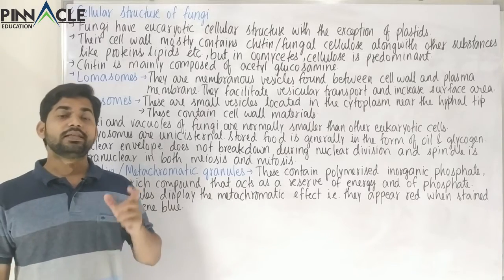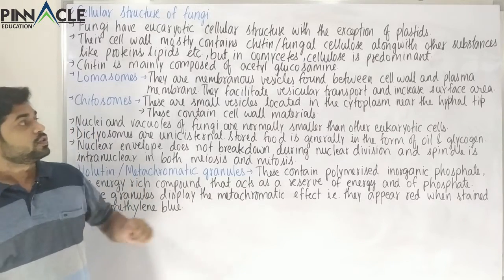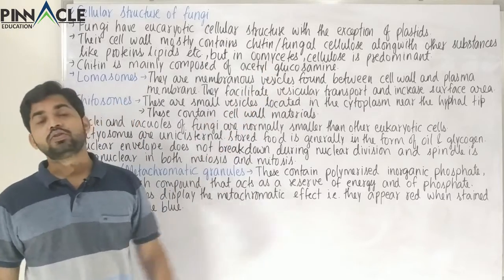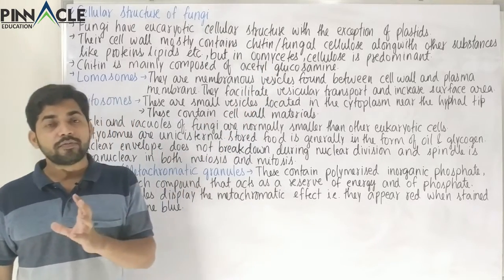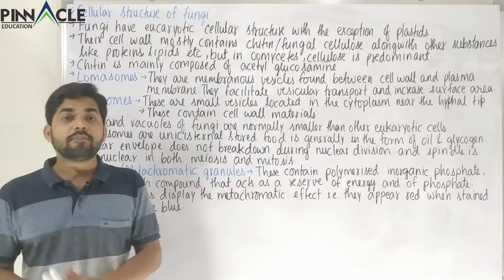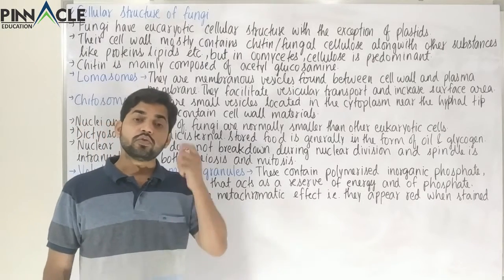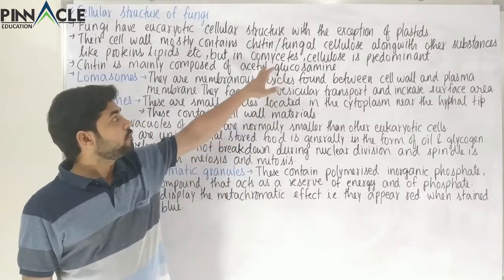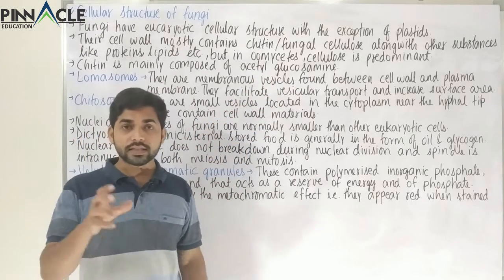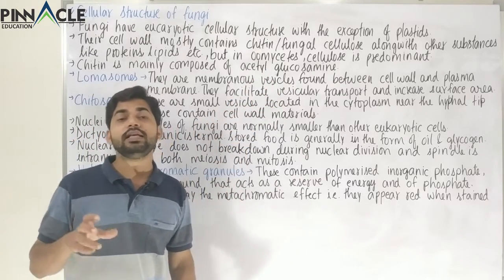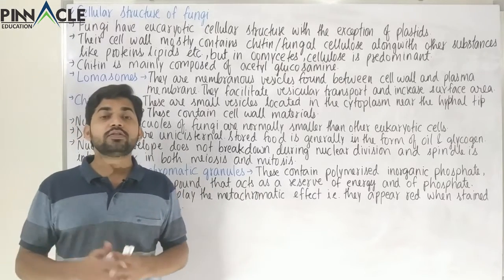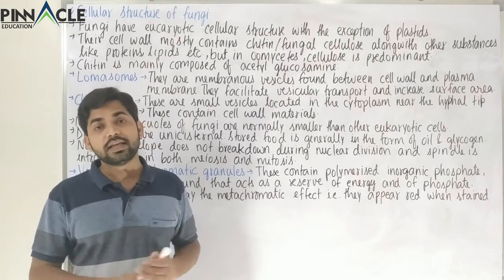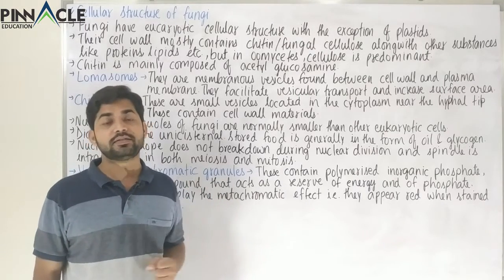For example, there is a category of fungi called Oomycetes. This Oomycetes has a cell wall which is mainly composed of cellulose. So we can say that in the case of Oomycetes, their cell wall is very similar to the plant cell wall, because it is composed mainly of cellulose apart from the other components.